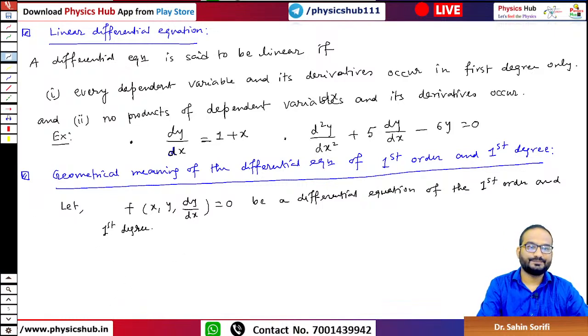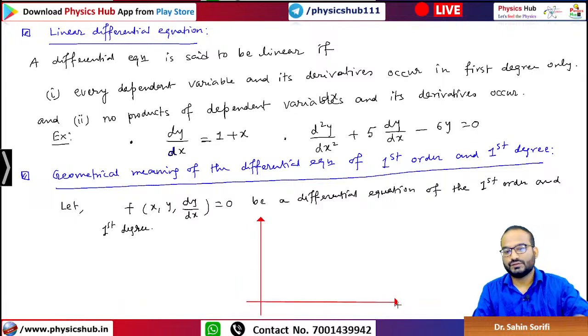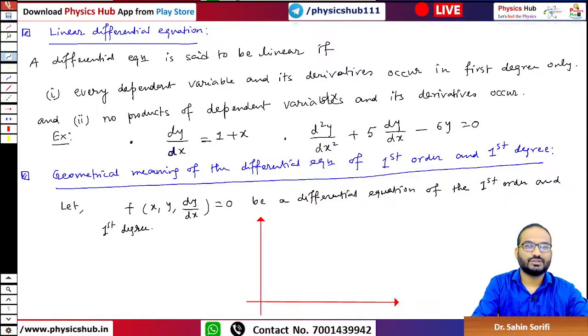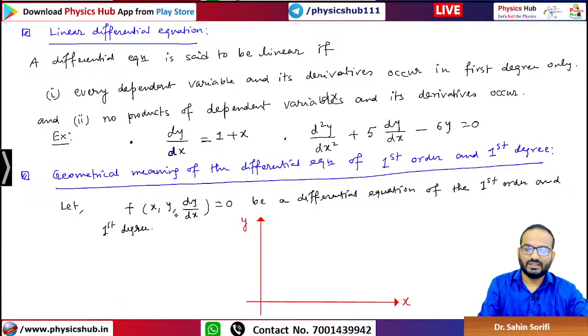Let's take the help of a graph to understand it better. Solution means what? Y versus x, right? This is the meaning of solution. You have a function y in the variable of x, that is what solution means. Now let's say we do not know the solution for the time being, so we are taking an initial point.